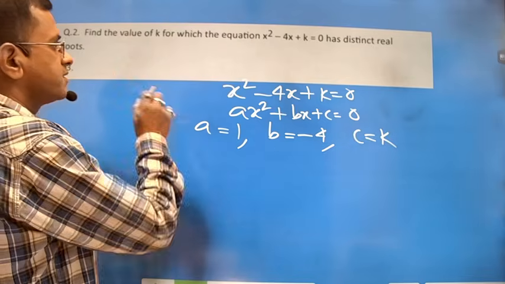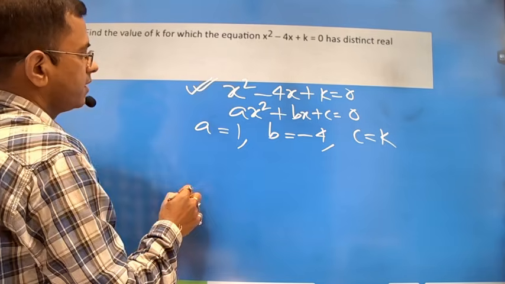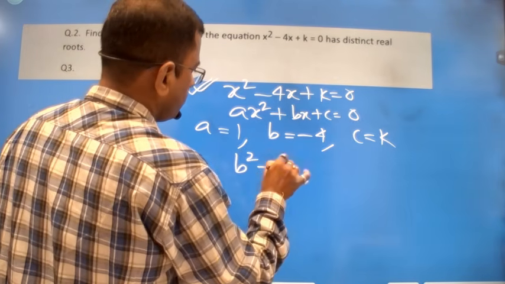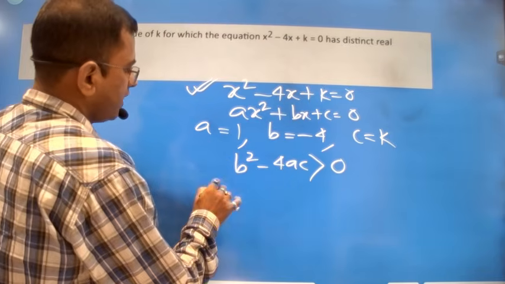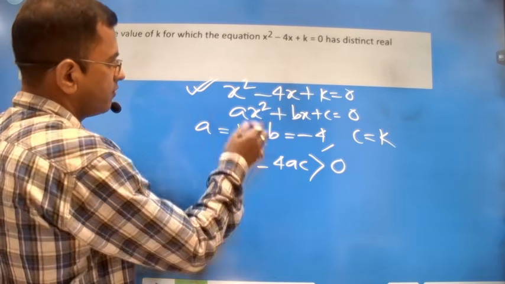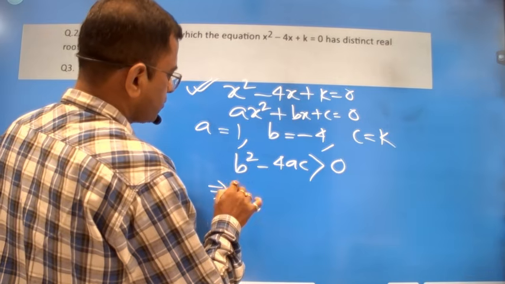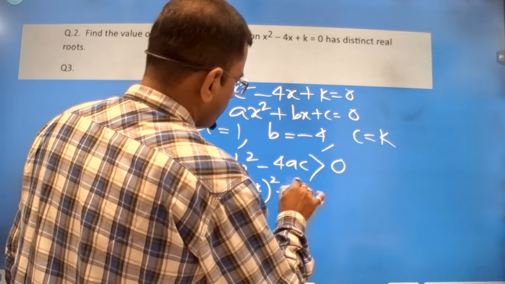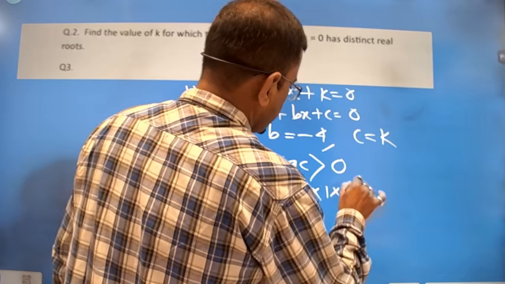Since the roots of this quadratic equation are real and distinct, the discriminant will be greater than 0. So let us put the values of a, b, c from the given equation: b square, minus 4 whole square, minus 4 into a equal to 1 and c equal to k, is greater than 0.